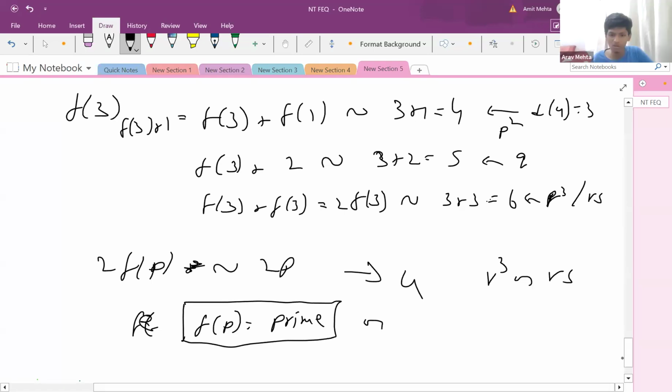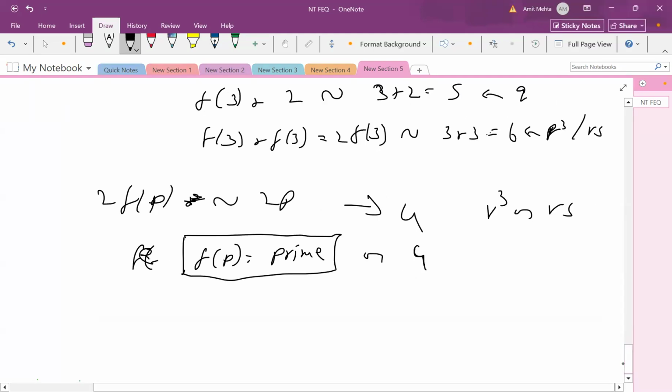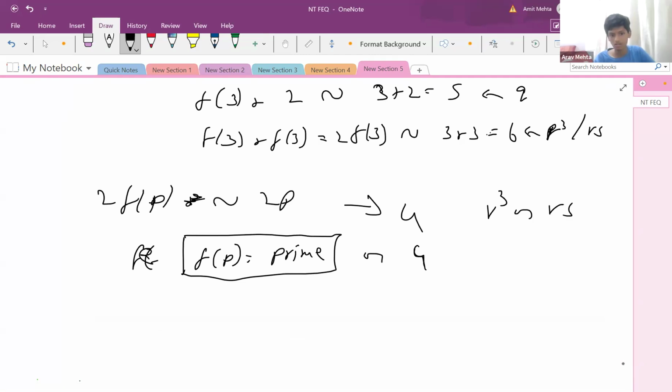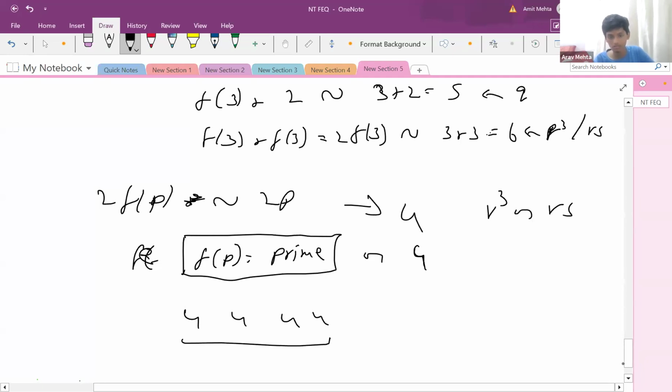But that is not much of a problem because note that f is increasing. It's strictly increasing. So there need to be a lot of fours in the starting, all fours in the starting, and then some primes.